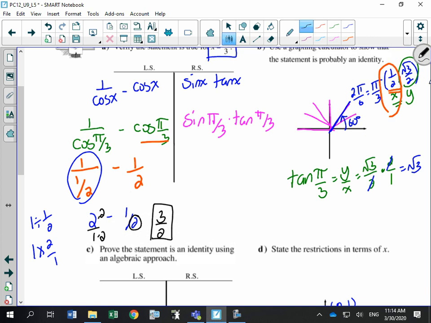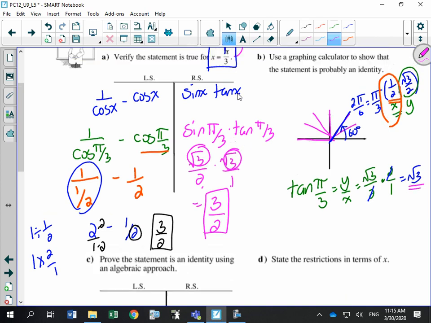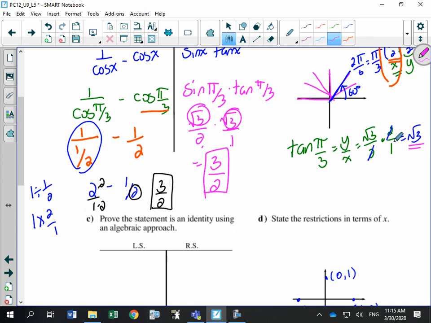So root 3 over 2 times the tan of pi over 3. Tan of pi over 3 is root 3 over 1. Root 3 times root 3 is just 3. 2 times 1 is 2. And what I've essentially done is I verified that this statement is true when x is equal to pi over 3. And I have left-hand side, which is equal to right-hand side.